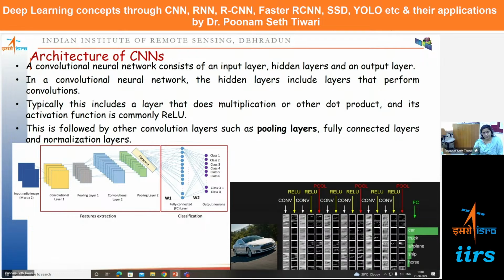In CNN also we are using fully connected layers that we have discussed just now, but only the last few layers are fully connected. The rest are all convolution and pooling layers.